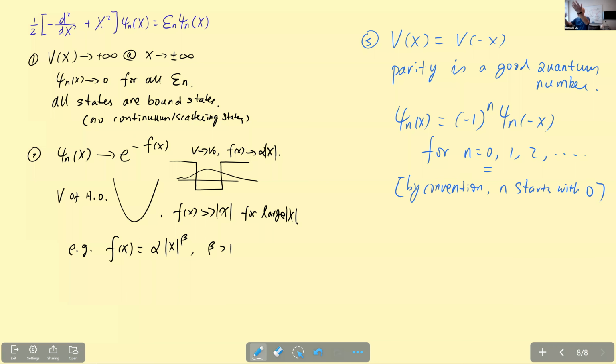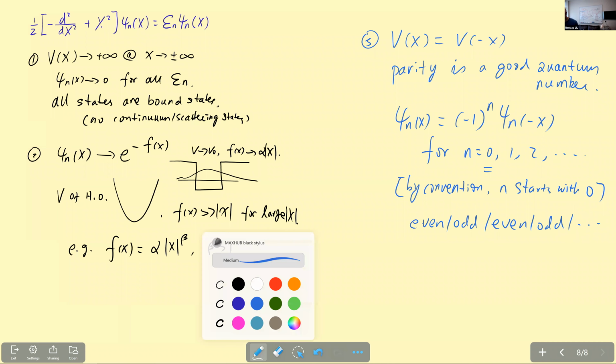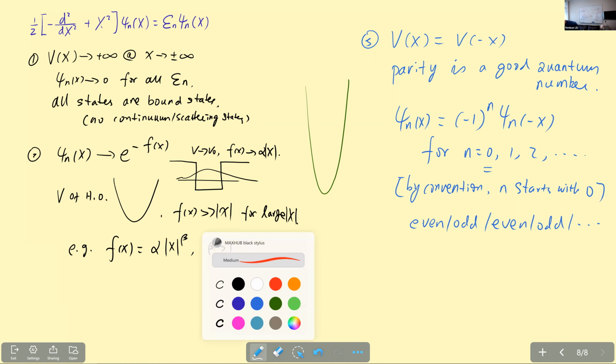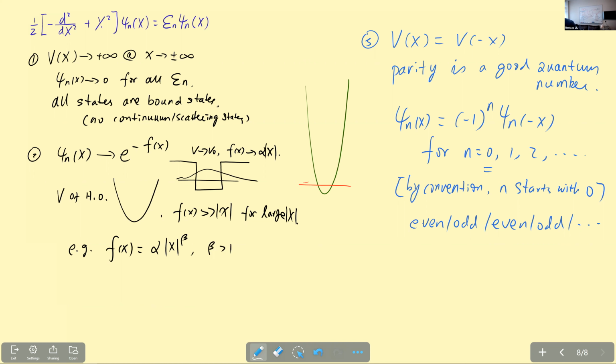Right. So you have an even function, then an odd function, alternately. So that means if we have a potential like this one, then the lowest state, the 0 state, will be something like this, and then the first excited state will be something like this.